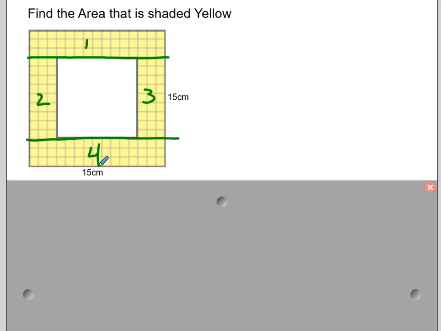You could chop it up, determine the area of each one of those rectangles, and add them up. That would be completely acceptable. So if you looked at the area on the top one, 1, 2, 3, 4, 5, 6, 7, 8, 9, 10, 11, 12, 13, 14. This is a 15 by 3. So the area of this top shape would be 45 squared. This one here is 9 by 3. Okay, and you can see this starts to take a little while.